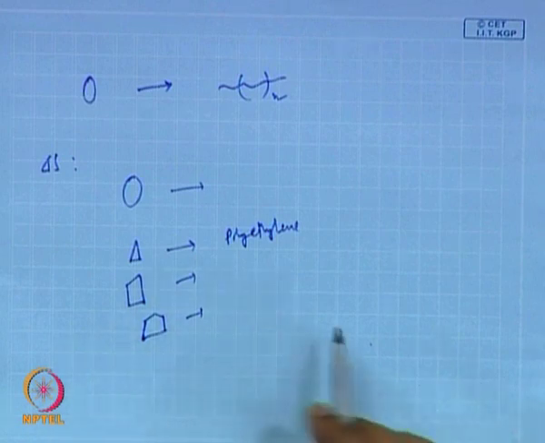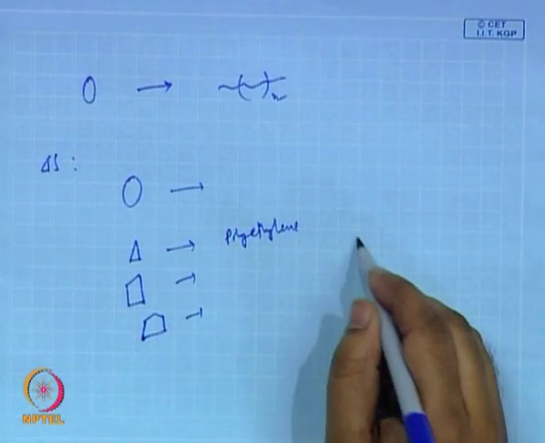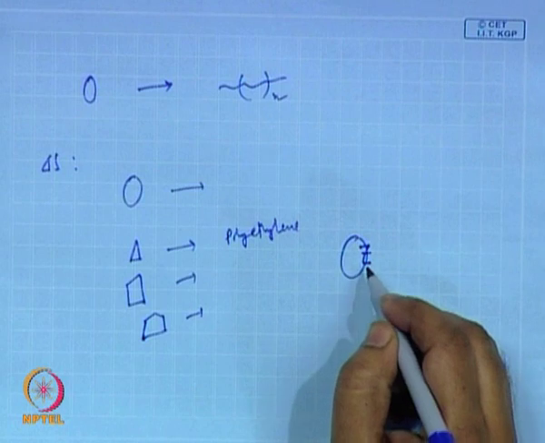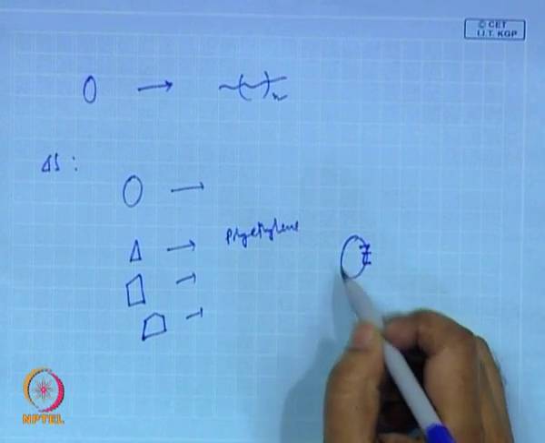So, what do you need? You need a heteroatom in the cyclic ring.